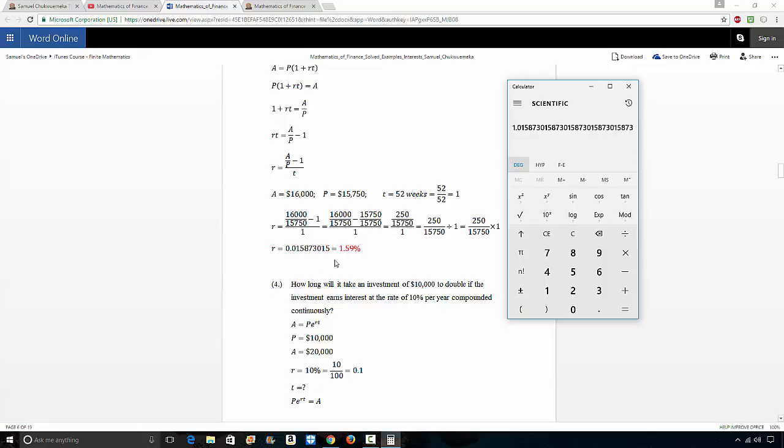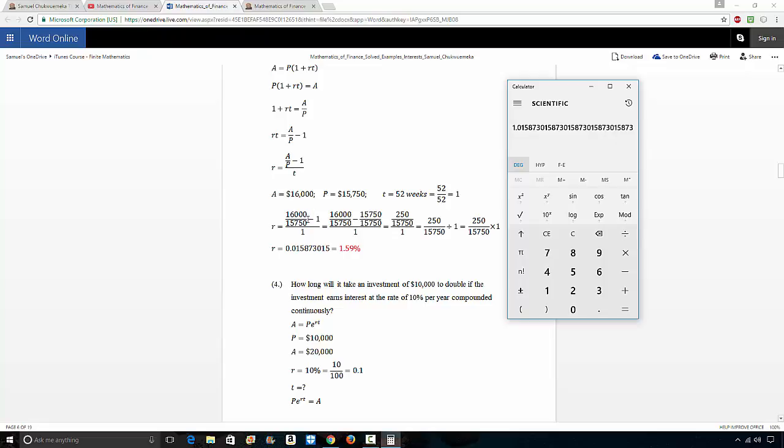So if you are asked to round to 2 decimal places and you must round, you don't want to write all these, then you can start with intermediate calculations. You might write this as 1.01587, 5 decimal places. Don't do it to 2 decimal places. But if you're doing it with a calculator on the computer, then use everything like it is.